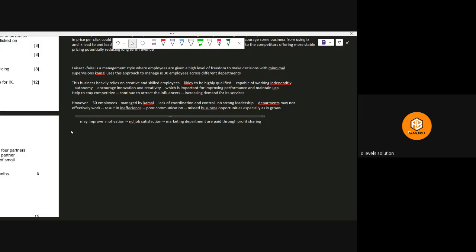Okay, so it means that it already incentivizes performance, and it allows them freedom in decision making.